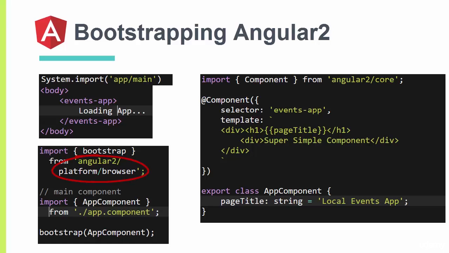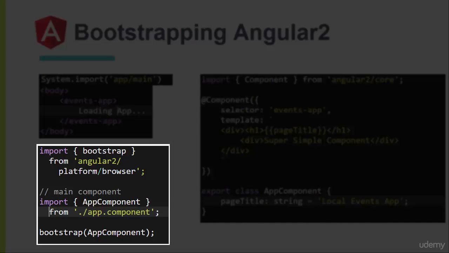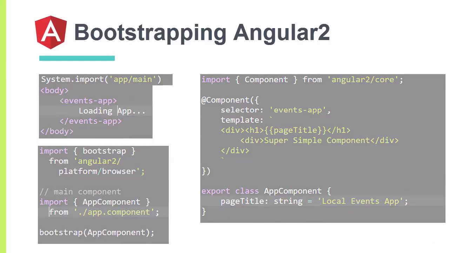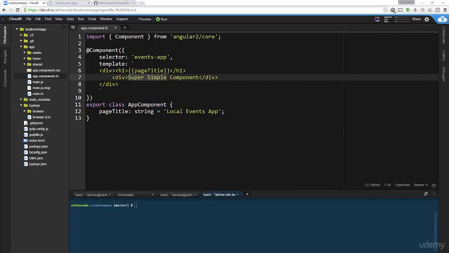We plan to run the application in a browser, so we import it from angular2/platform/browser. This code provides the starting point for our application. Once we bootstrap our root application component, we can leave this main.ts file alone and not have to worry about it again.